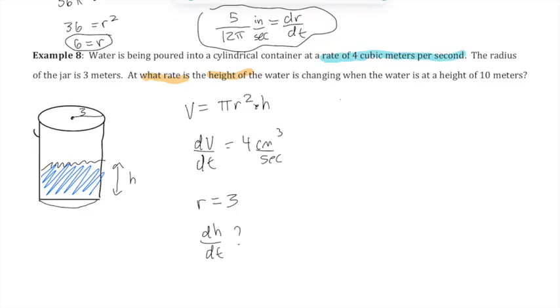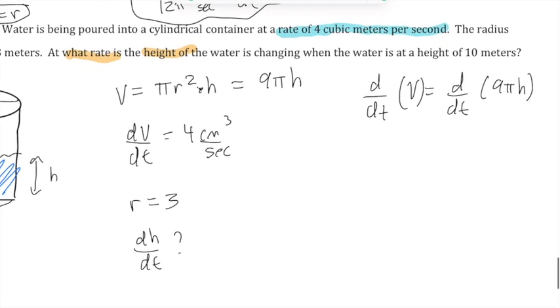Okay, since we know that 3 is the radius, we can plug this in and say that this is 9 pi h. Again, because 3 squared is 9, and we know that the radius was 3. So let's take its derivative now. The derivative of volume is dV/dt. And the only variable here is h.